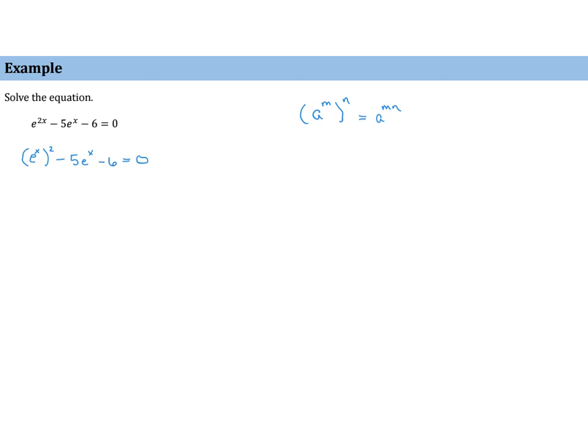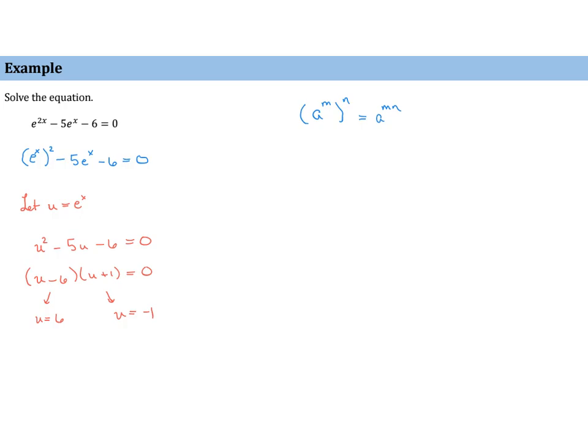So this is a quadratic form. Let's let u equal e to the x. Our equation becomes u squared minus 5u minus 6 equals 0, which factors into u minus 6 times u plus 1 equals 0, which means that u equals 6 or u equals negative 1.